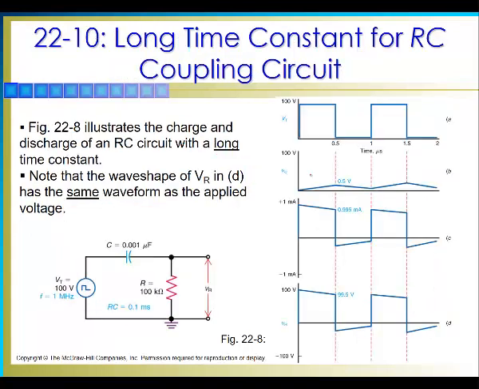Now, when the time constant is bigger than the duty cycle of the voltage, as you can see, this is supposed to be 100 volts, right? So the voltage in the capacitor is supposed to charge up to 63 volts on the first time constant.